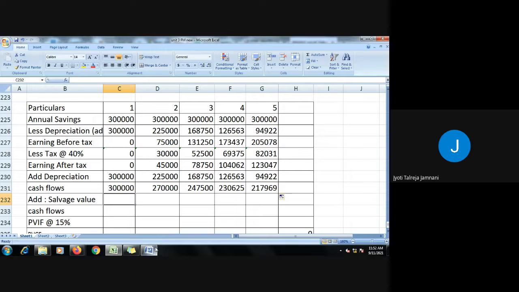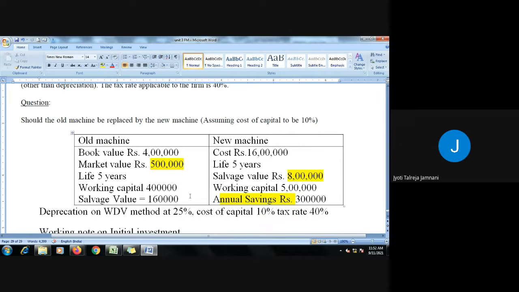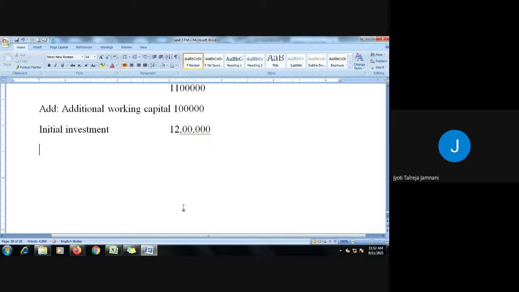So how much will be the salvage value? In all the sums that I did, they had given salvage value only for the new machine. But here they have given salvage value for both the machines. The new is 8 lakh and the old is 1 lakh 60,000. So we want additional salvage value.